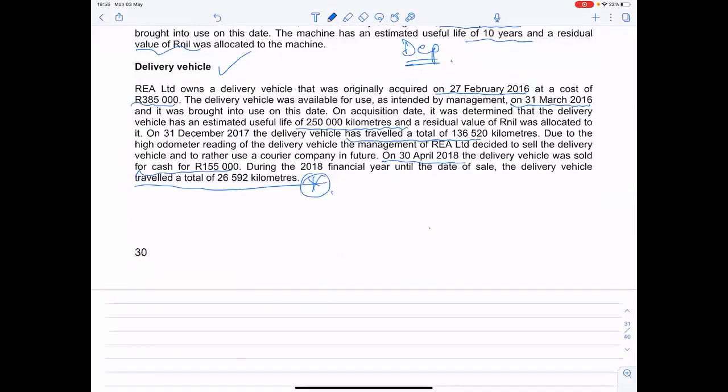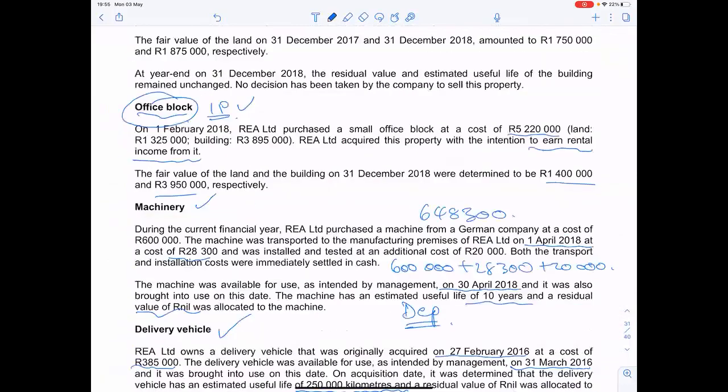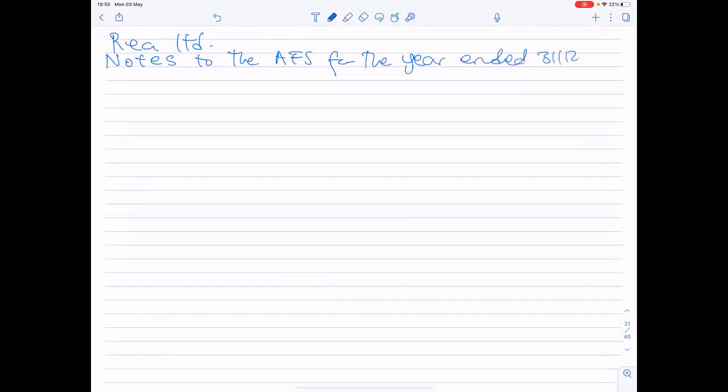So you write the name of the entity, it's RIA Limited. So that's what you start with, RIA Limited. Then you write notes to the annual financial statements for the year ended 31 December 2018.